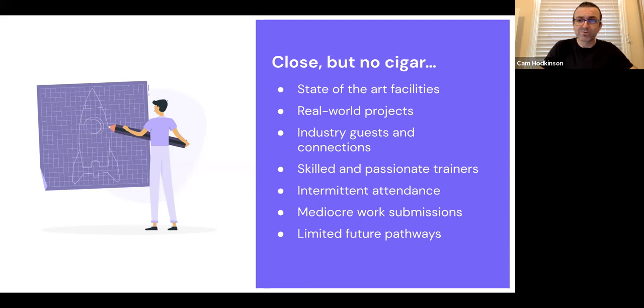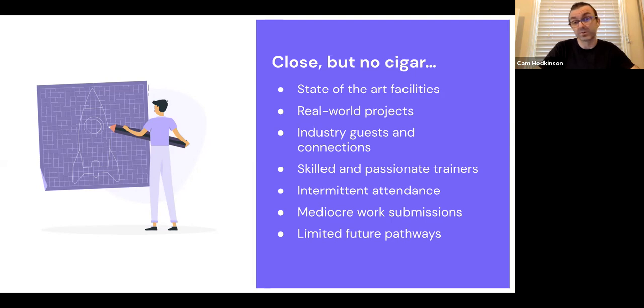But where it fell down, we started to see intermittent attendance. Running a VET program as a part of a K-12 school had its challenges. Even though we were somewhat isolated from the rest of the high school and running large sessions on afternoons with a big cohort, attendance was patchy at times.